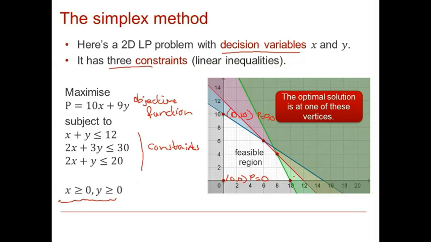Down here we have 10, 0, and this would give us a P of 100. Then we have 6 and 6, which gives a profit of 114. And then finally we have 8 and 4, which gives us a value of 116.